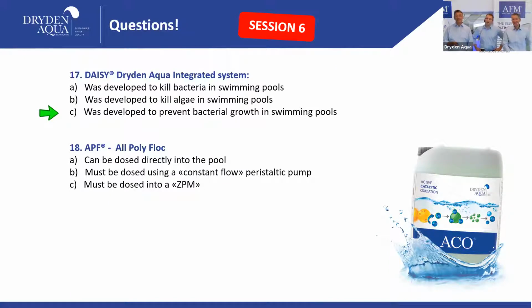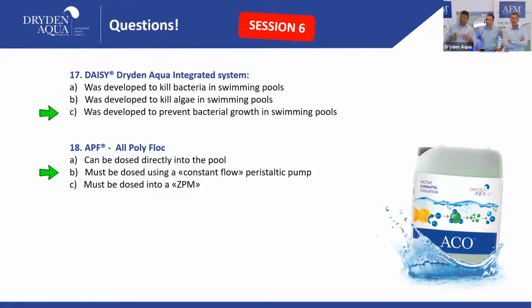Maybe a more tricky question. APF: A, can be dosed directly into the pool. B, must be dosed using a constant flow peristaltic pump. Or C, must be dosed into a ZPM. So the most important answer is B. Please do not take a big pump, because a cheaper pump that runs for 1 minute and stops for 59 is wrong.